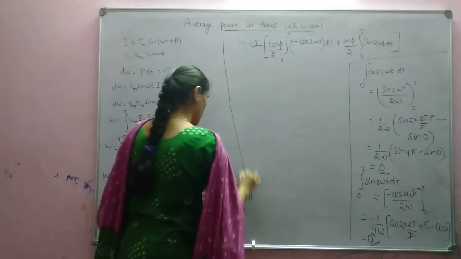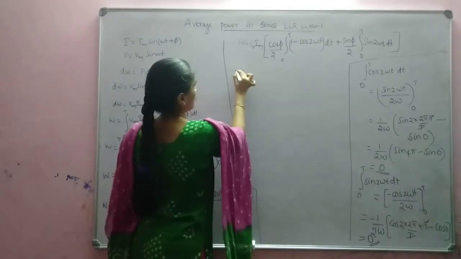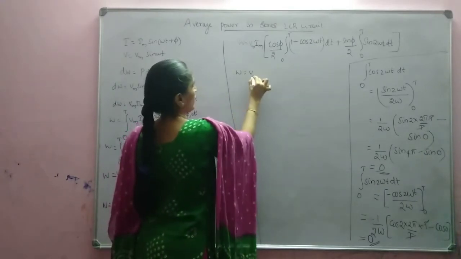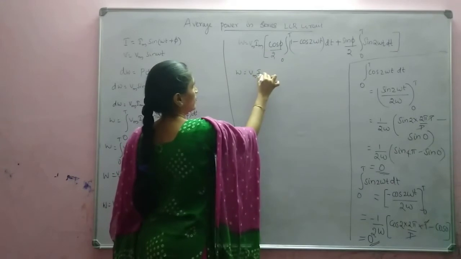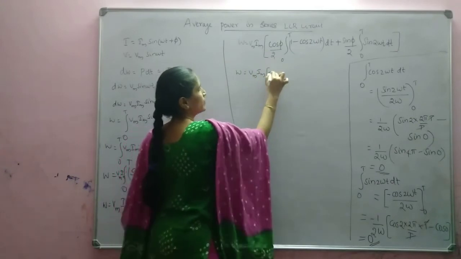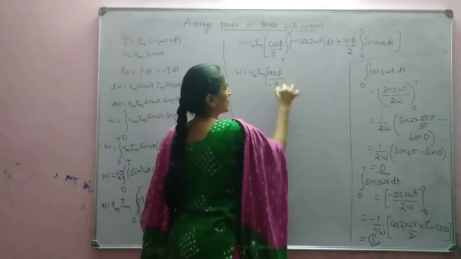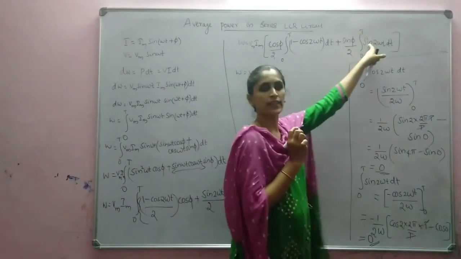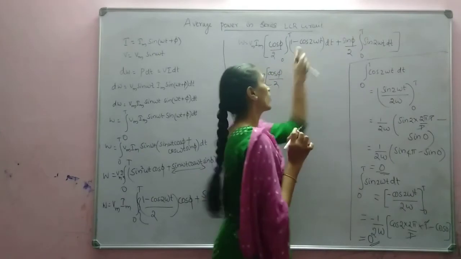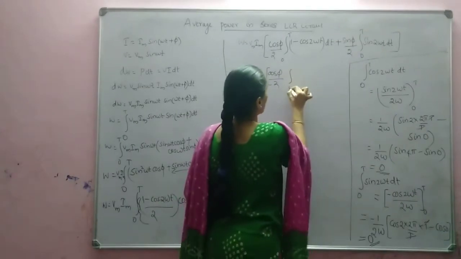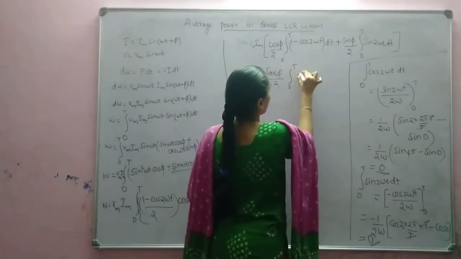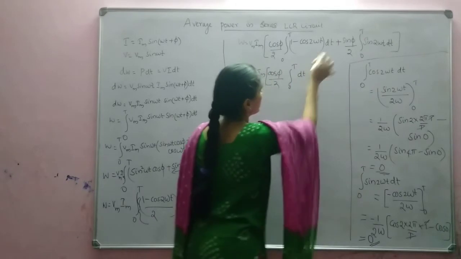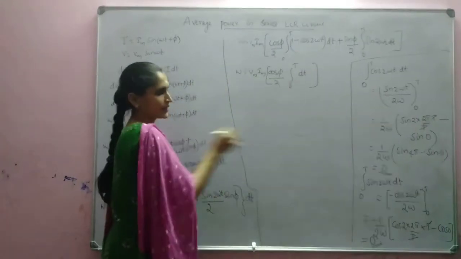W is equal to Vm Im cos phi by 2. Here integral cos 2 omega t dt is 0, integral sin 2 omega t dt is 0. Now what else is left? Integral 0 to T of 1 dt, that much only is left. The remaining part is 0.